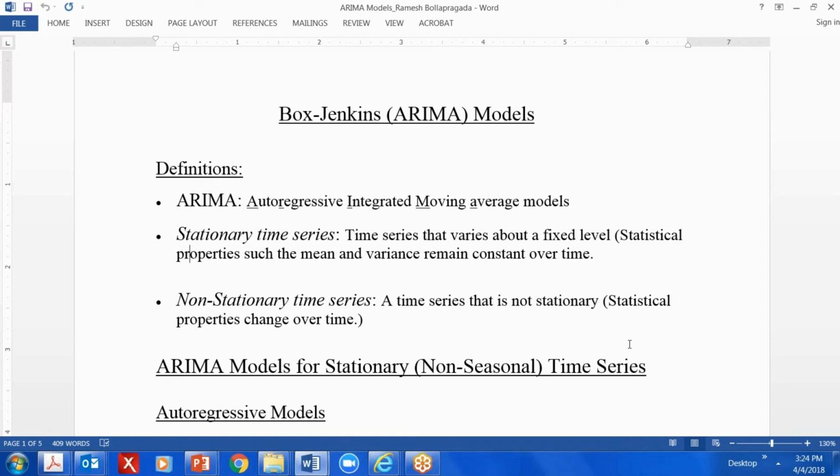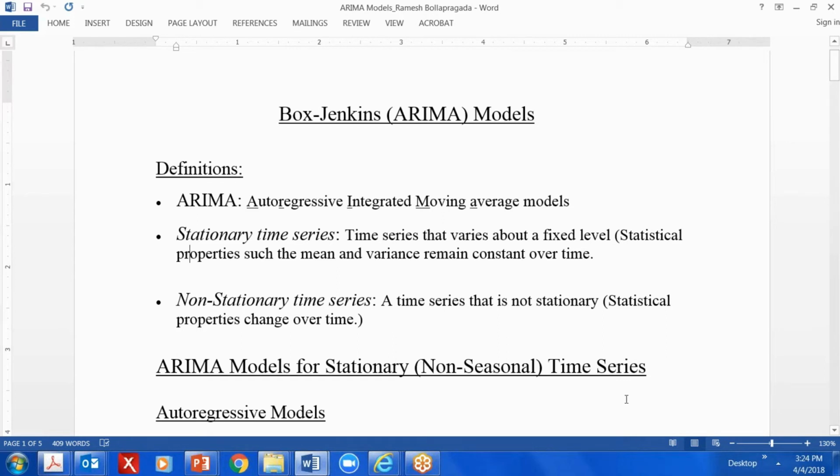So we'll start with some definitions here. ARIMA stands for autoregressive integrated moving average models. There are three components there: AR, MA, and I. I'll walk over each one of them in the coming slides.